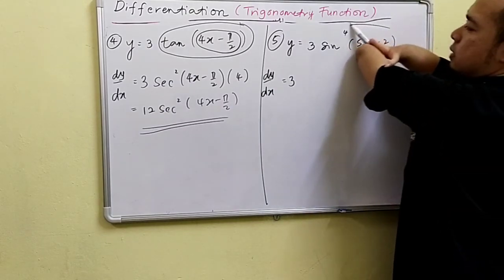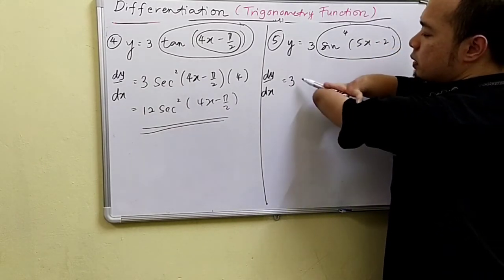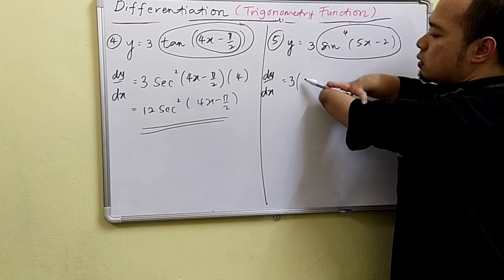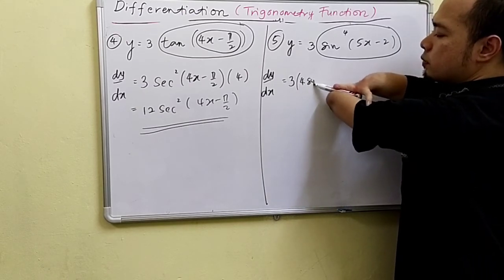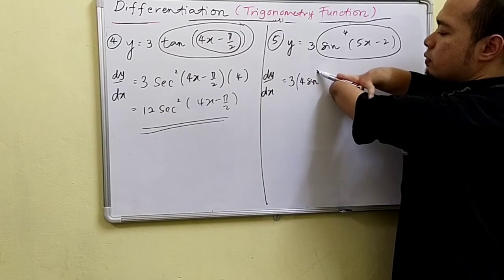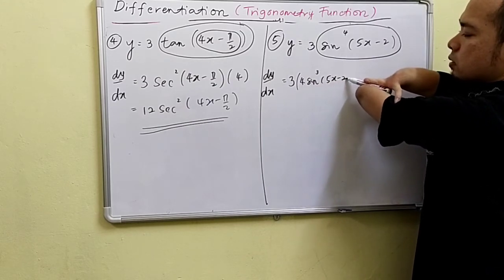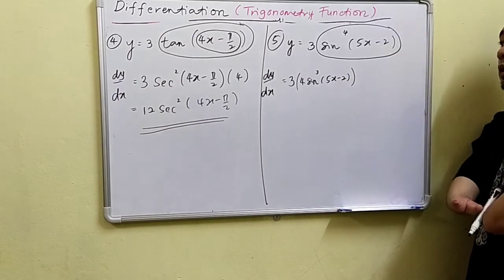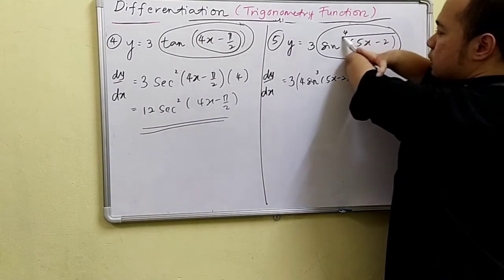Okay, power. So let's deal with the power first. So power go down, power minus 1. So in bracket, power go down. So 4, the function still sine to the power of 3. Then in bracket 5x minus 2. So this is the first outside. Okay, now looking inside.